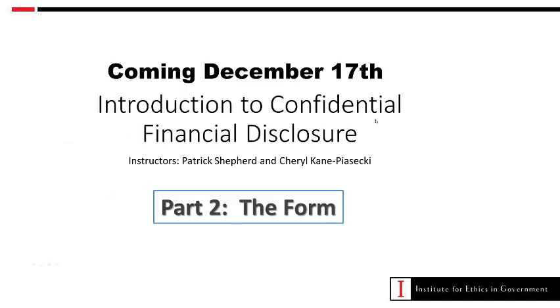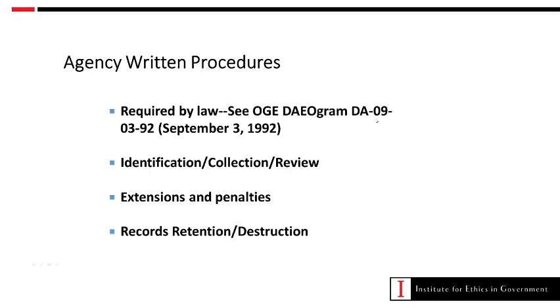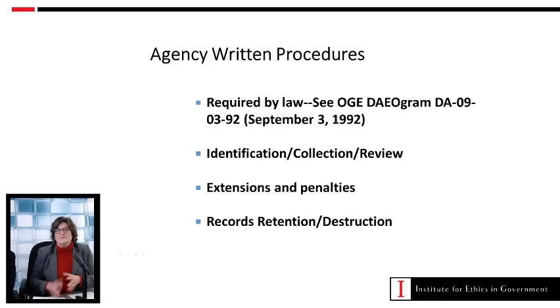Okay. So the final aspect we want to talk to you about is making sure that you have agency written procedures. Everything that we've talked about up to this point, from designating filers and how you go about designating them, how often you revisit your designations, to what forms you're using, to whether or not you're using any alternative reporting requirements, to what your policies are for identifying and collecting new entrant reports, annual reports, and reports from your SGEs.